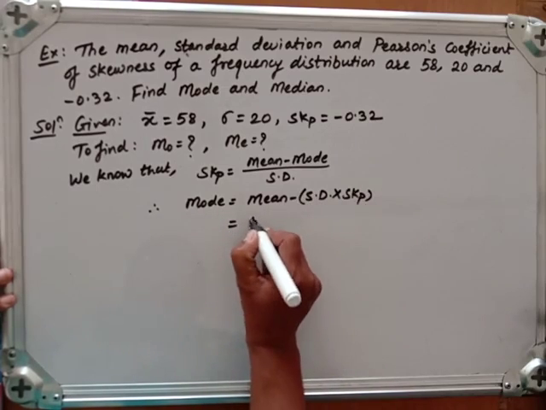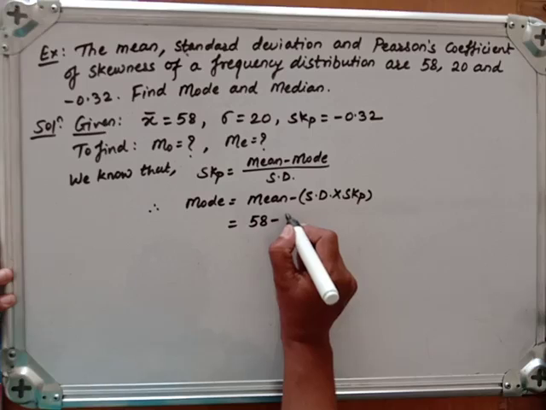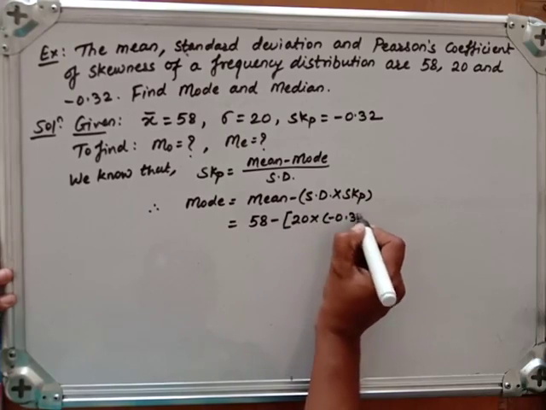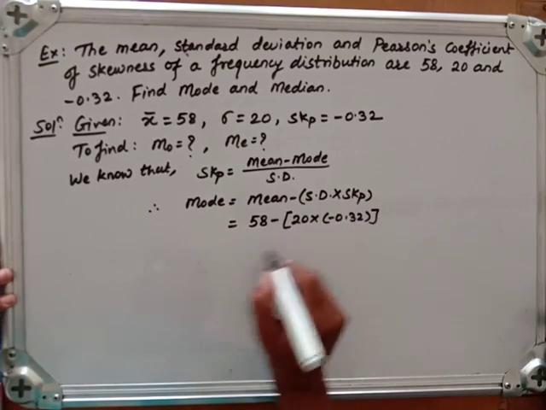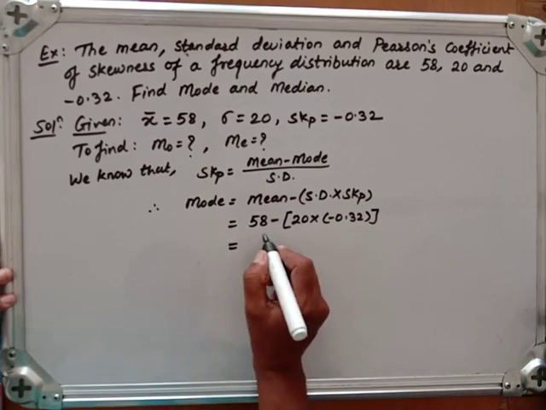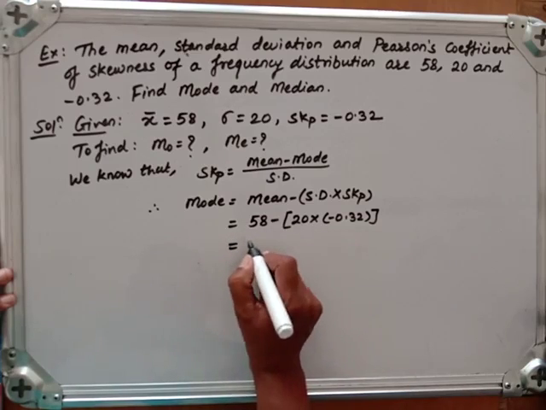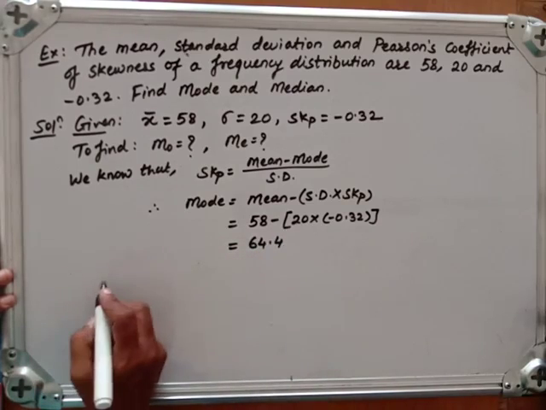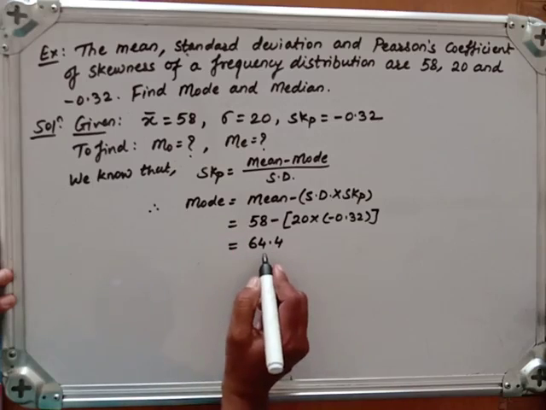So we get 58 minus standard deviation 20 into negative of 0.32. Simplifying, we get 64.4. This is the mode we have found.